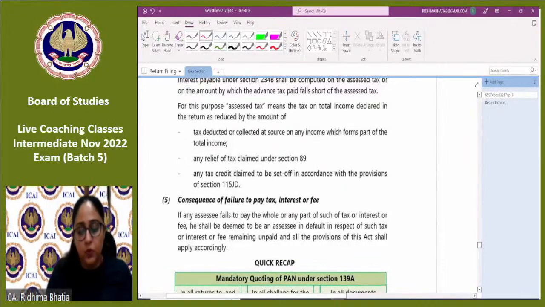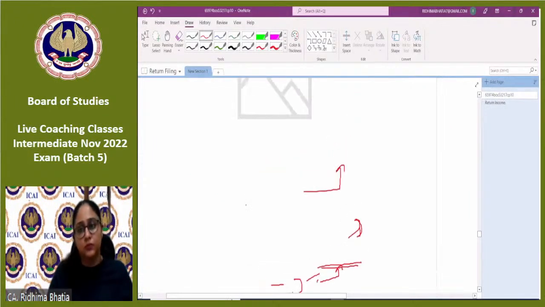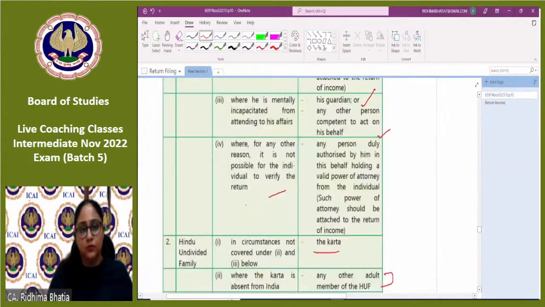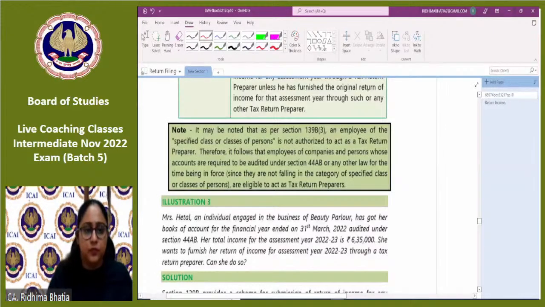Now we come to the final topic, which is tax return preparer. Any doubt for self-assessment?